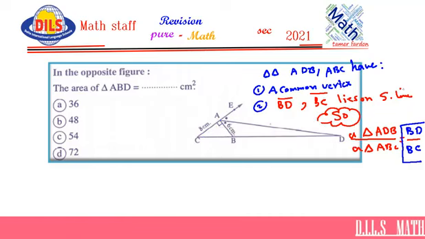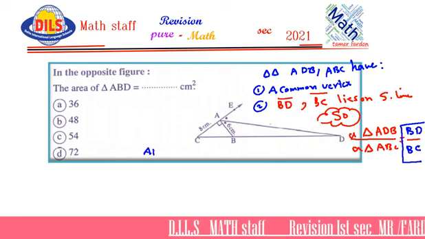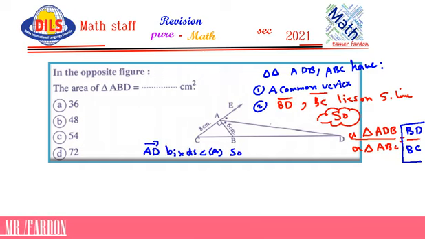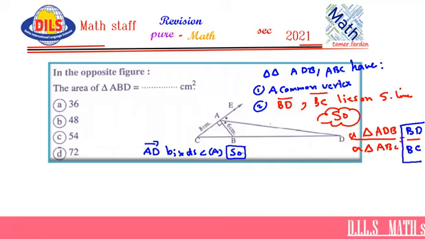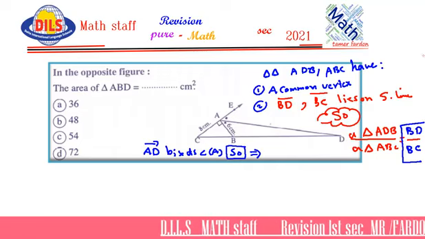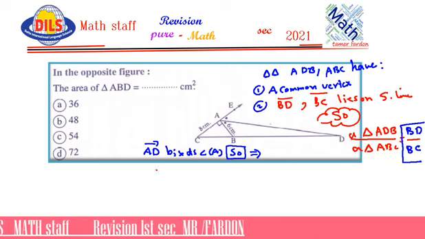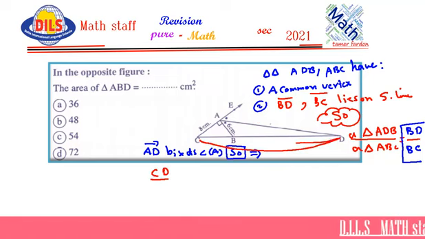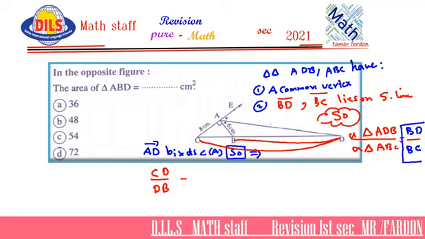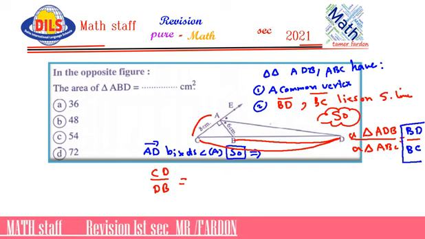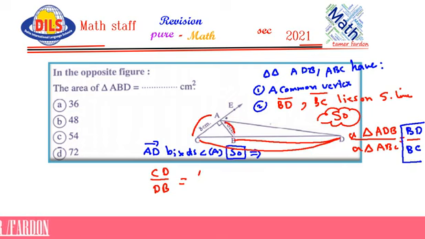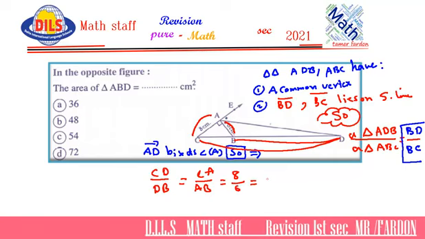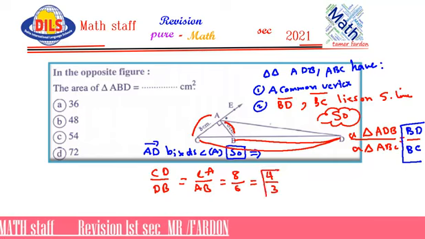Since AD bisects angle A, from the ratio of the angle bisector we get CD over DB equals CA over AB, which equals 8 over 6, which equals 4 over 3 in the simplest form.